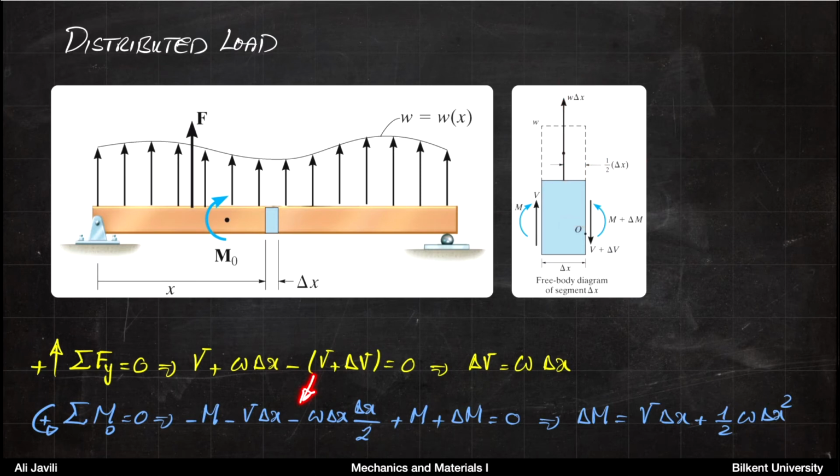And then you get a minus because it will cause a clockwise moment. So you get W delta x divided by 2. And if you reorder the terms, you can see that delta M equals V delta x plus 1/2 of W delta x squared.